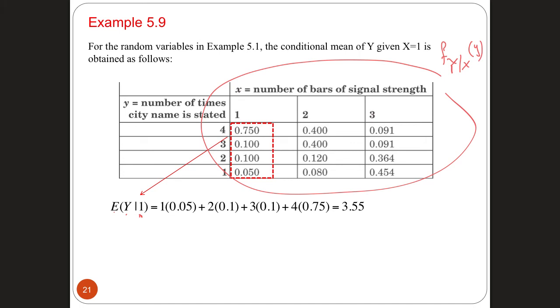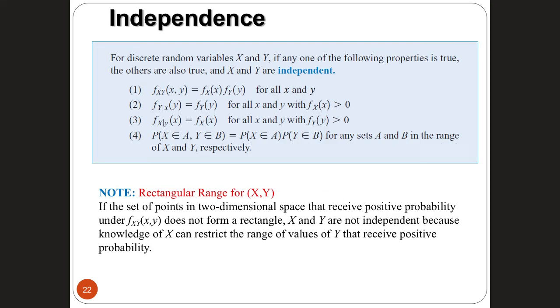That's the table. And I want to get the expected value of y given x equals 1, then I'm caring only about those values. Value times probability, value times probability, value times probability, value times probability. Add them together. They will give you the expected value of y when conditioned on x equals 1. What if it was conditioned on x equals 3? We would have done it using that set of probabilities and so on.